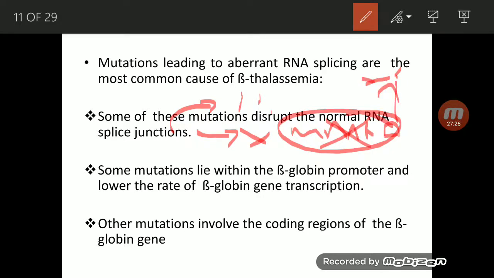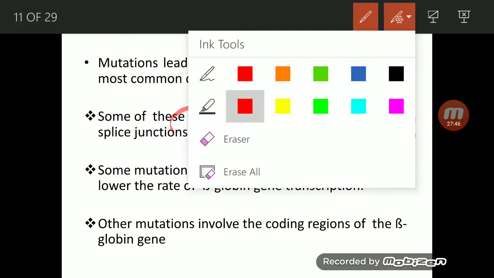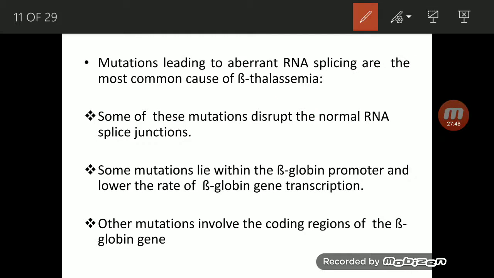So this will lead to B naught type of thalassemia. Whereas when splicing occurs, there are numerous splicing junctions and abnormal splicing junctions formed. It can form beta globin chain. So in this form, there will be B plus type of beta thalassemia occurring.